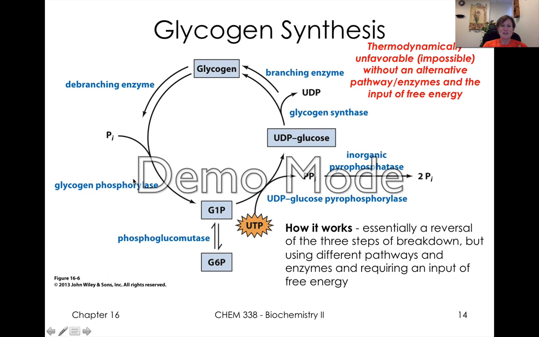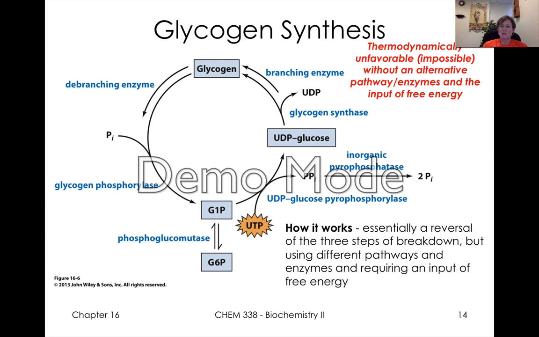If glycogen phosphorylase was responsible for breaking apart glycosidic linkages, we're going to have glycogen synthase, which makes them. If we had an enzyme that got rid of branches, we're going to have an enzyme that puts back branches. And one enzyme that's similar between both pathways is phosphoglucomutase.